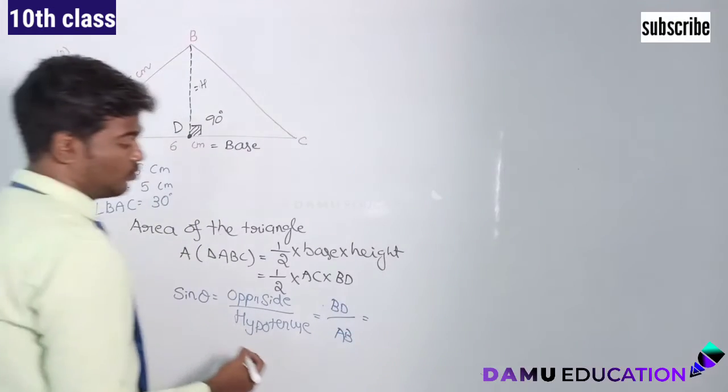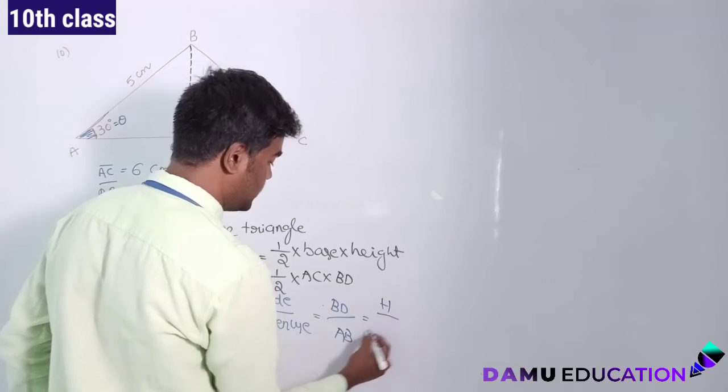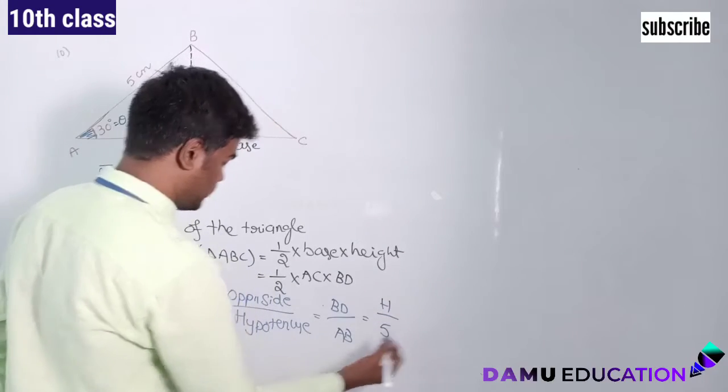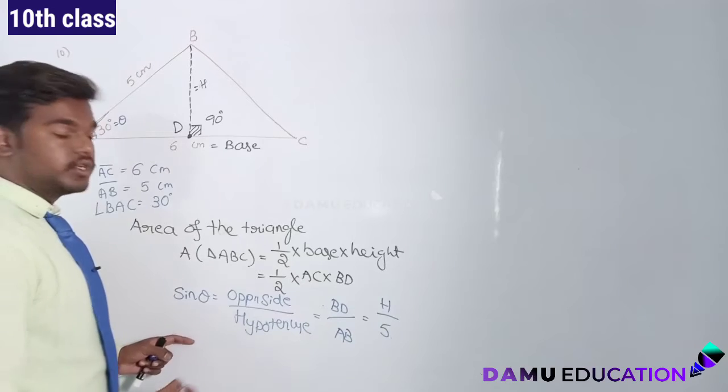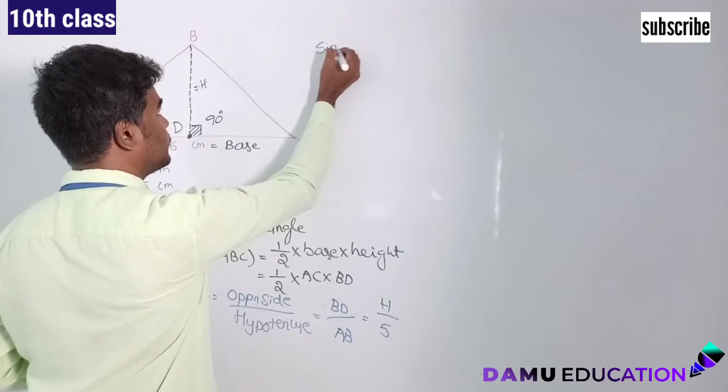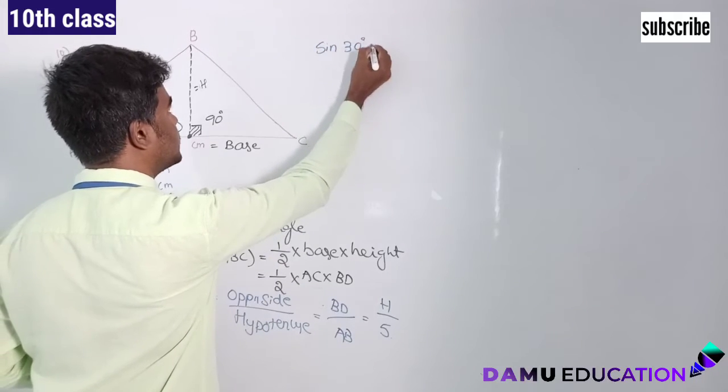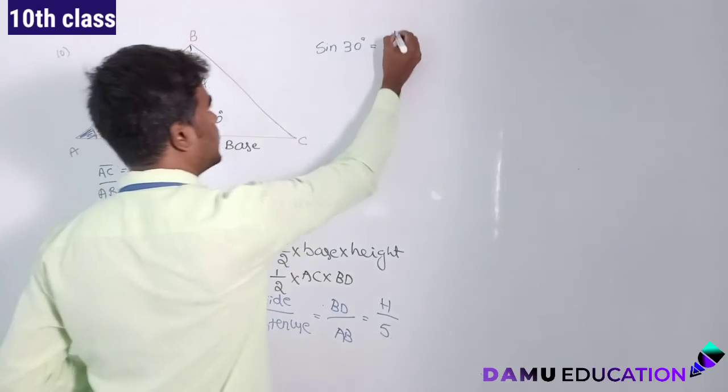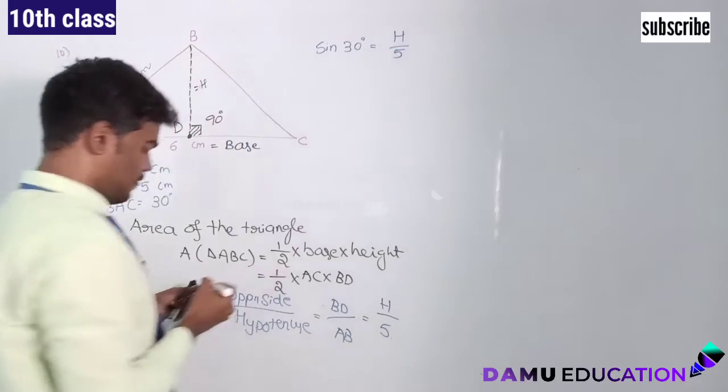So BD is the height H, and AB is 5 centimeter. So sine 30 degrees will be equal to H by 5.